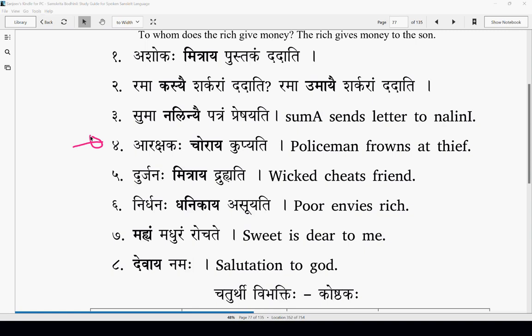Those Namapadas will be in the Chaturthi Bhakti. So Chaturthi Bhakti usages are where? When we saw Dadati, you are giving, anybody is giving. Giving action is happening, or sending action is happening, distribution is happening. So you use the Chaturthi Bhakti towards whom that action is happening.